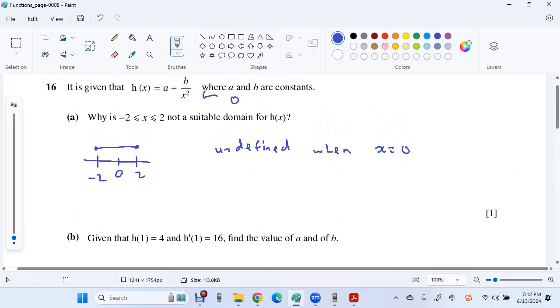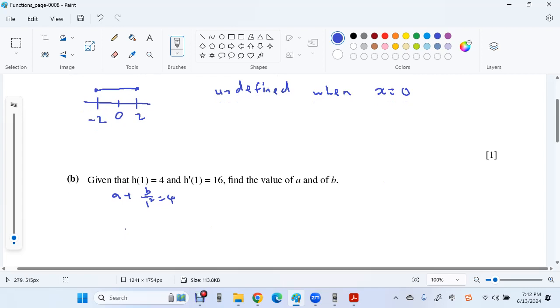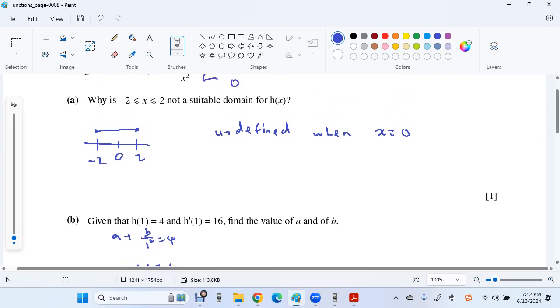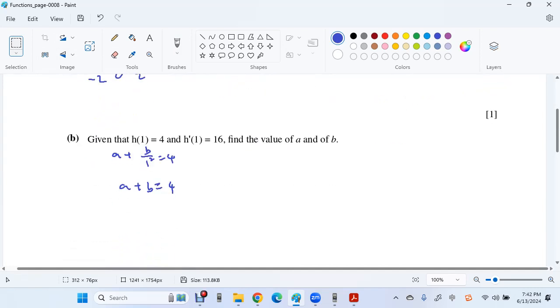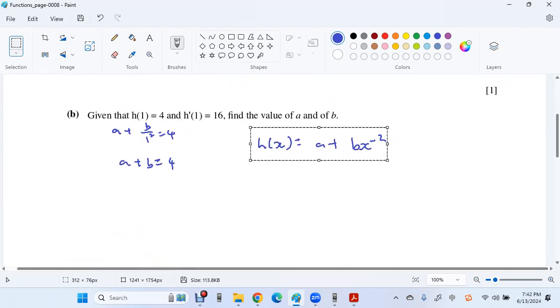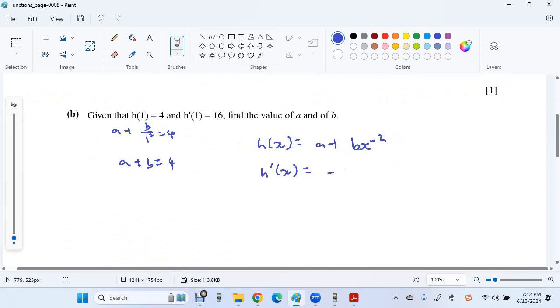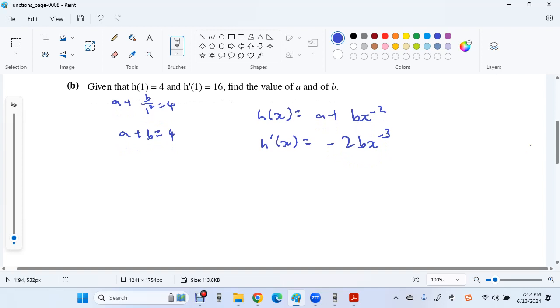h(1) equals 4 and h prime 1 equals 16. So we substitute 1 and we get 4: a plus b over 1 squared equals 4, so a plus b equals 4. Then h(x) is actually a plus b x power -2, so f prime x will be -2b x power -3, which is -2b over x cubed.